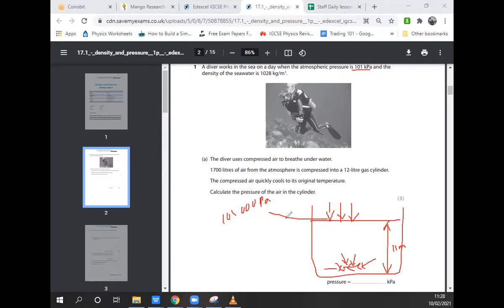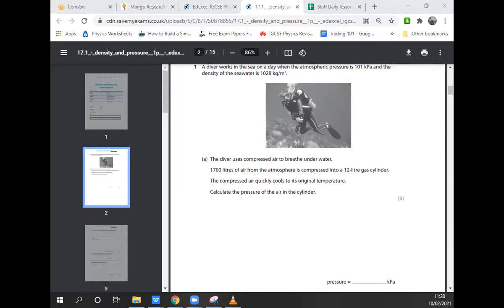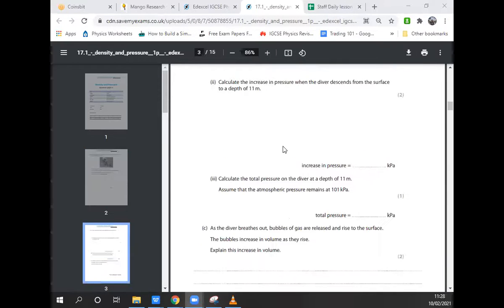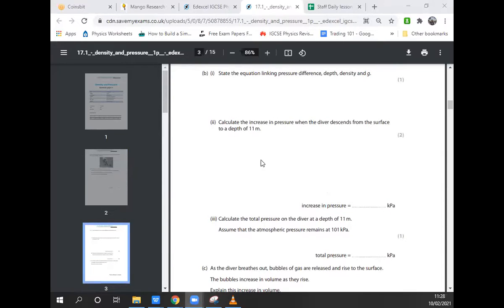So because of this, if you want the total pressure at the bottom, that is the answer you get here, the pressure due to the water plus the pressure due to the atmosphere.